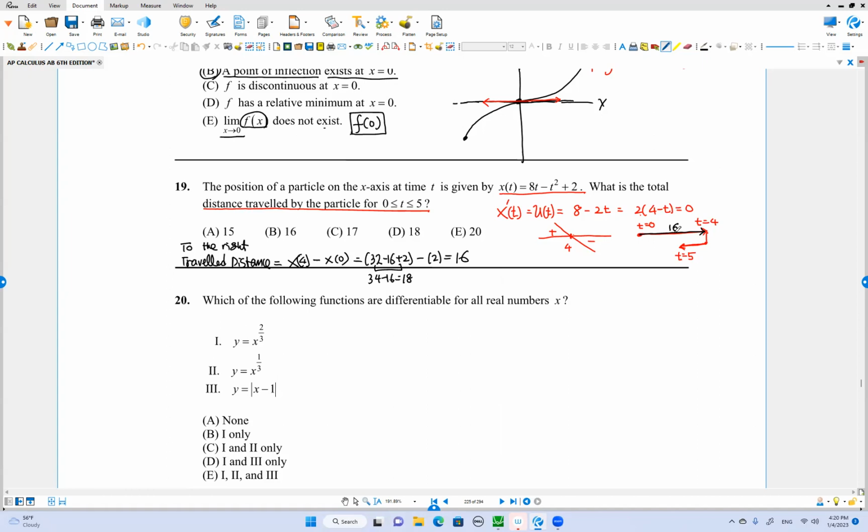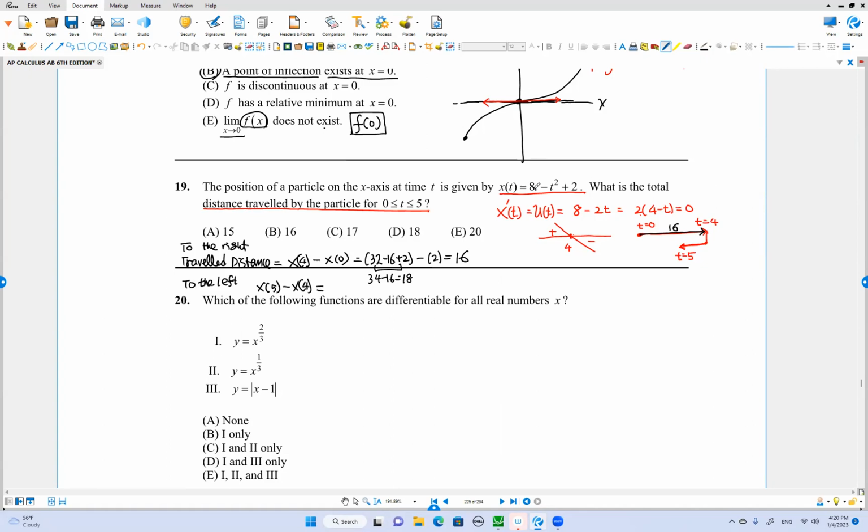To the left, okay? When t is 5, to the left: x(5) minus x(4), right? That is the move to the left.